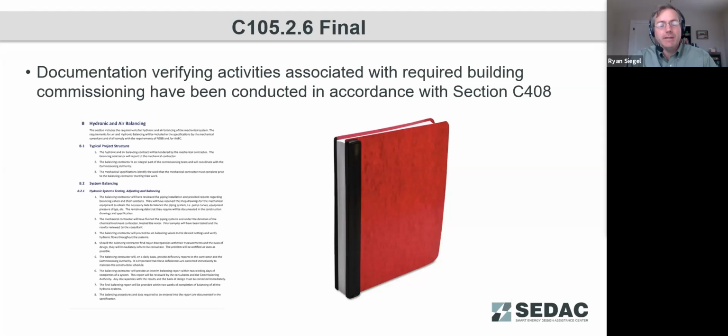At least that places the building owner on notice that they should be expecting these documents. And by having that notice, in the event that those documents don't come through, they know to go to the project team and request them.